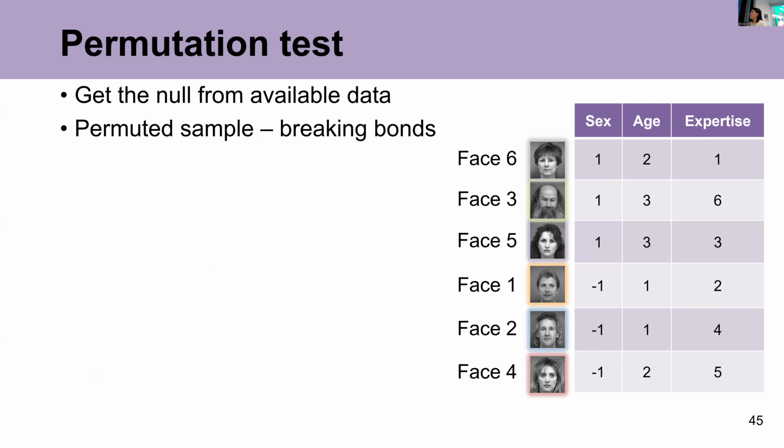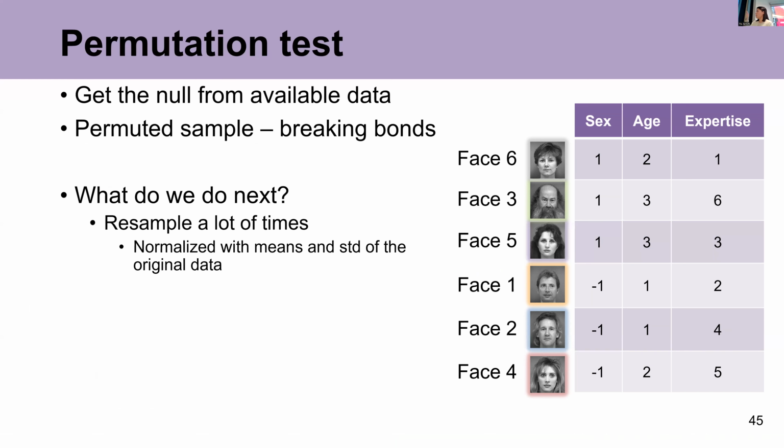So the next thing we do is we repeat that many times, and I'll come back to this. And then if we want to do this with a PLS, we just repeat the PLS for each iteration. And at the end, we create a distribution. So what that means is, okay, I'll break it down a little bit more.